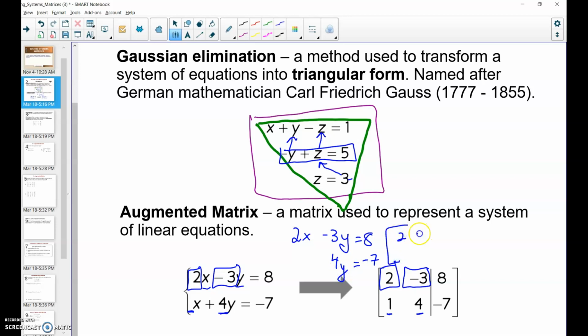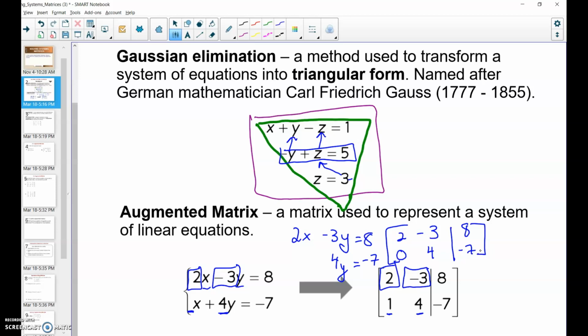Okay, so 2 and negative 3. We have that break for your equal sign, 8. You do not have a value for x, so if you don't have a value for x, there is 0. You need to make sure that every little spot has a value that's placed in it. So 0, 4, negative 7. Okay, so that will come into play as we start to work with matrices a little bit.